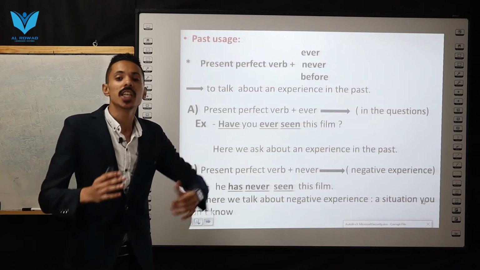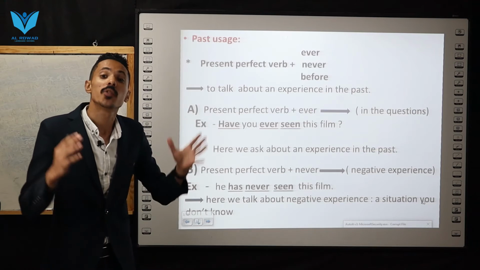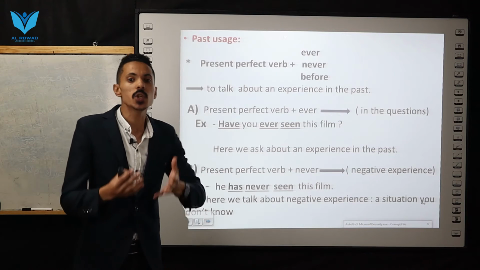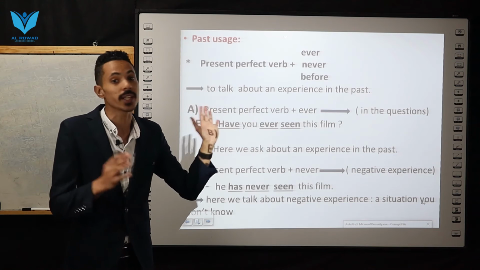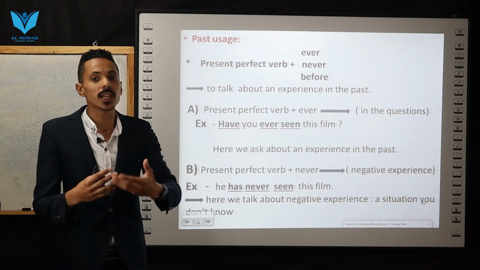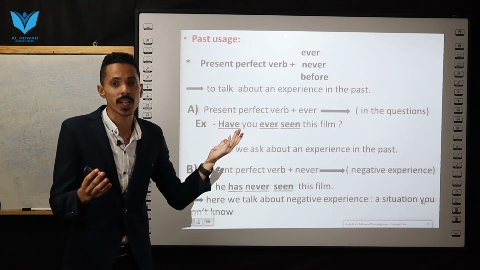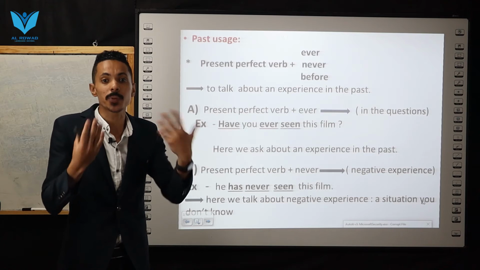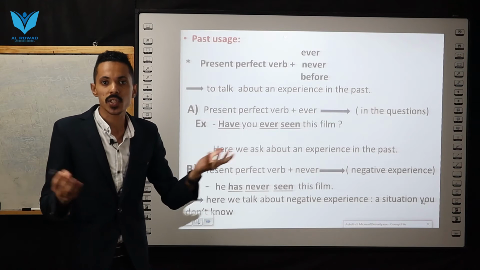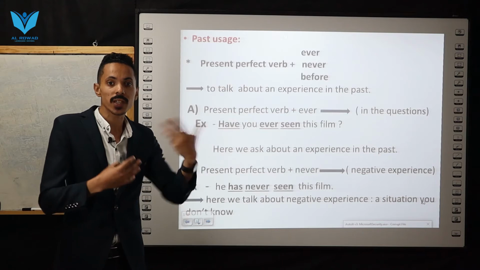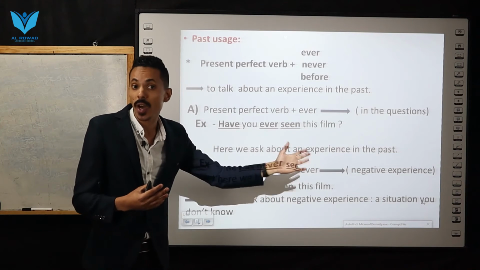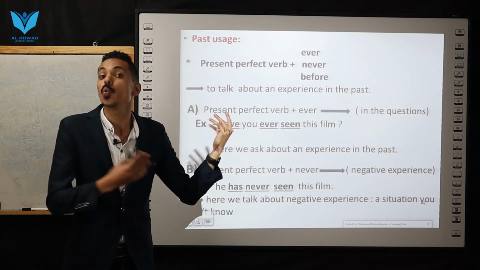An experience you didn't do in the past. For example, a place you haven't seen before or you haven't visited before in your life. Something you haven't seen before in your life. So it's an experience you don't know. So when you want to talk about this experience, you will talk about it but in a negative way because you didn't do it.